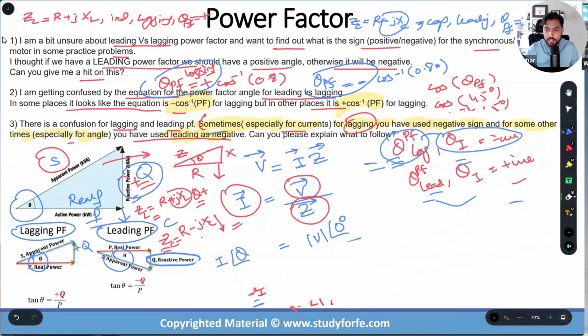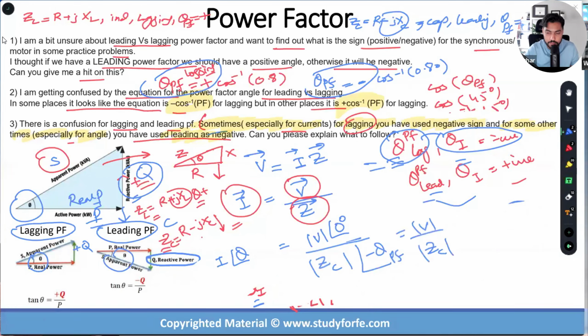If I have a leading power factor here, guys, ZC, this angle theta is going to be negative, right? Because it's capacitive in nature. You're going to see that this results in voltage divided by impedance, and this becomes 0 minus theta power factor, and this is V divided by ZC, and the angle becomes positive.